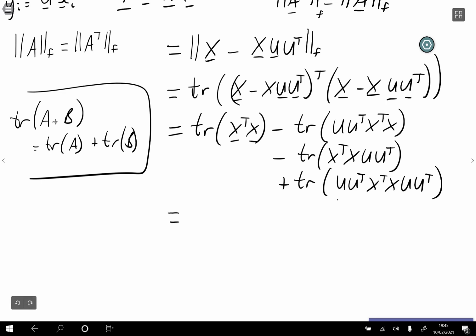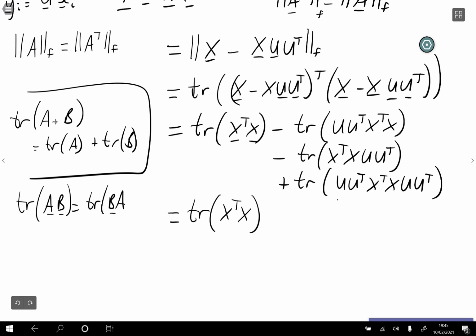Now then, what is this equal to? Well, this is the trace of X transposed X. Now, the other fact to remember is that the trace of A times B is the trace of B times A, assuming we can swap the order of A and B here.